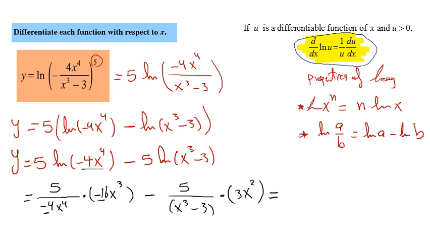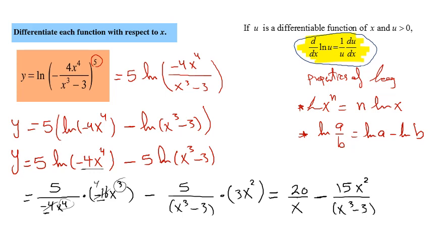It's going to be 4 times 5 is 20, so 20 over x after cancelling x to the power 3 with x to the power 4, minus 5 times 3 is 15 and x squared over x power 3 minus 3.